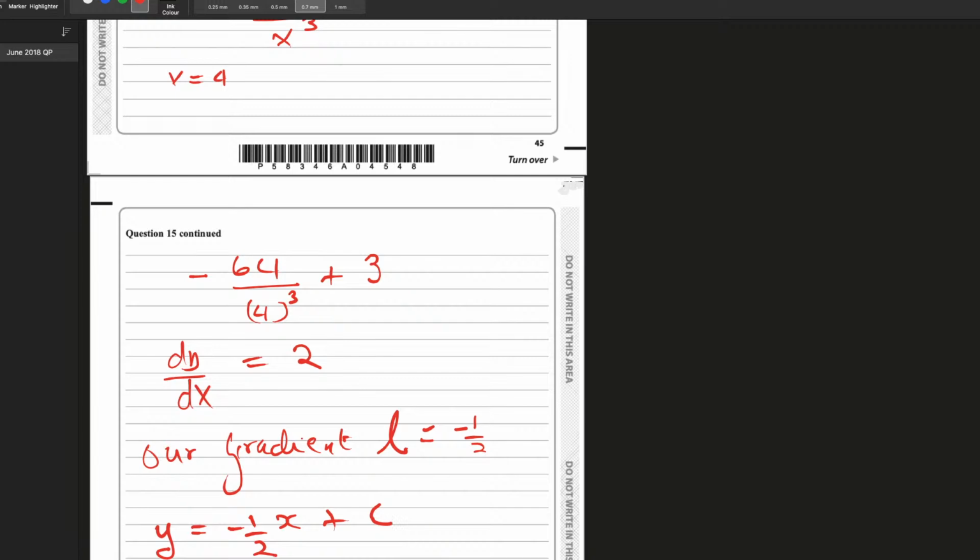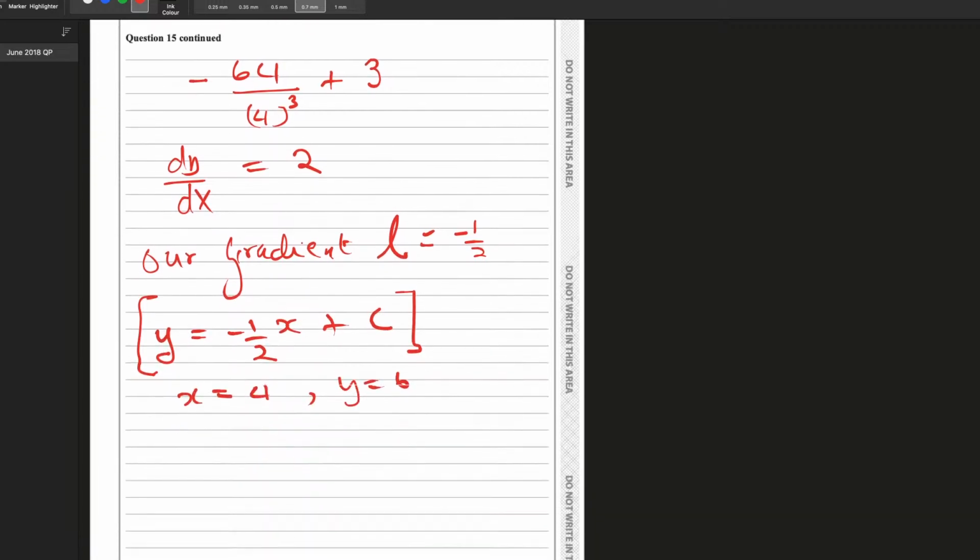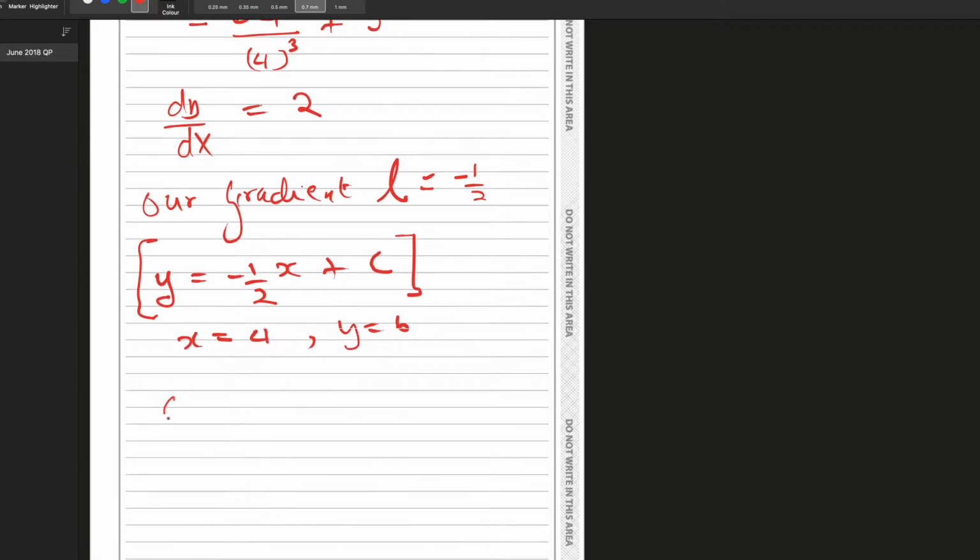With that, if we substitute the values, x equals 4 and y equals 6 into this equation, we get 6 equals negative half times 4 plus c, and this 6 equals negative 2 plus c, meaning our c is equal to 8.